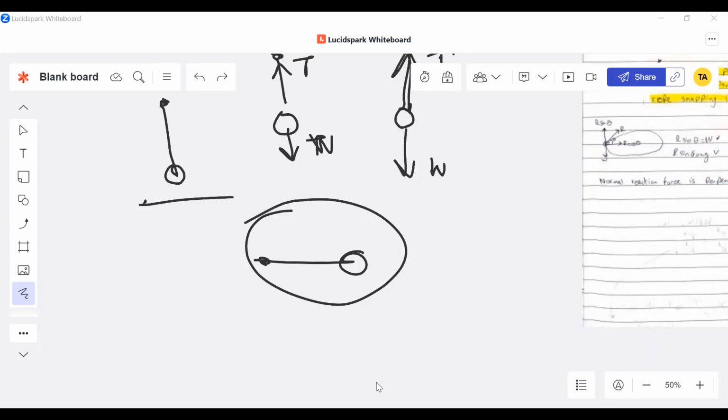Weight is acting downwards in all cases. I told you earlier, weight, which is a force, will act downwards in all cases.